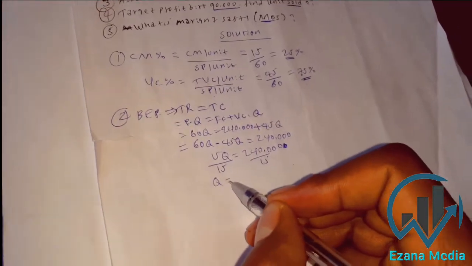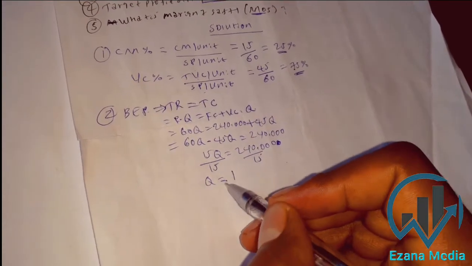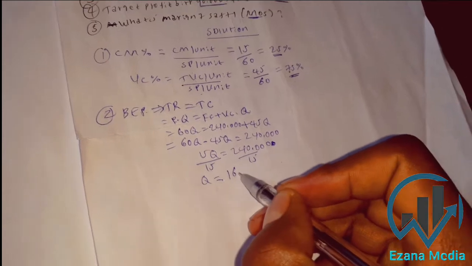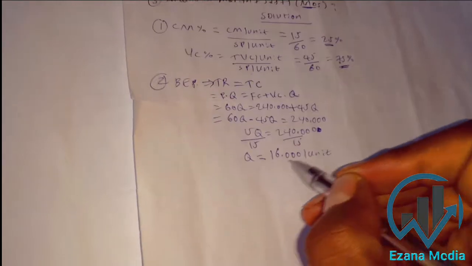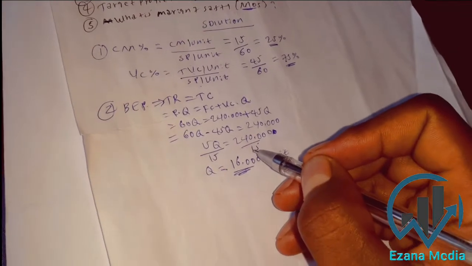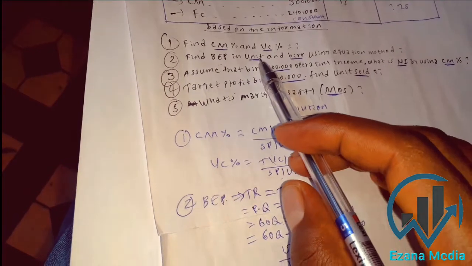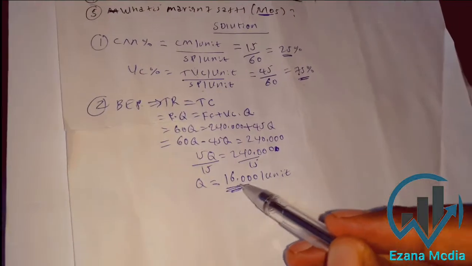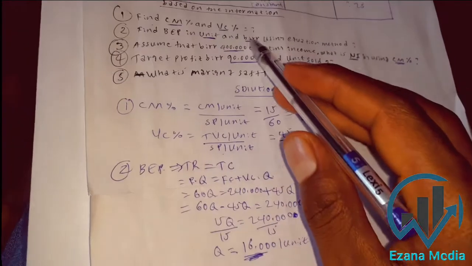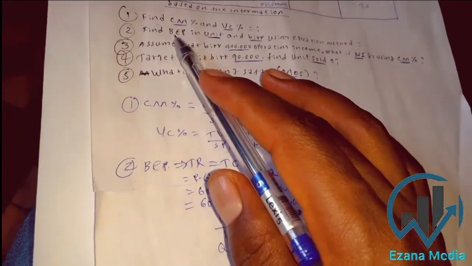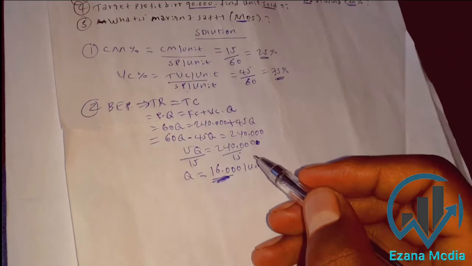Q is equal to 16,000 units. So the break-even point in units is 16,000 units.